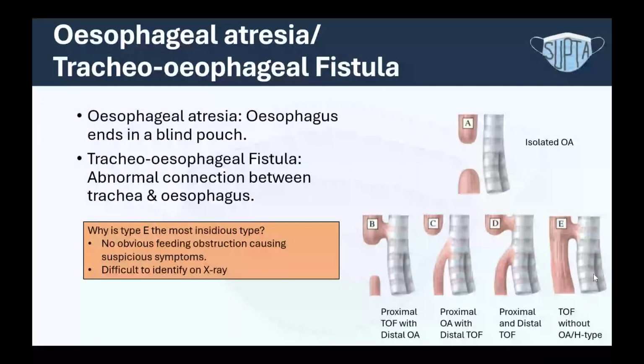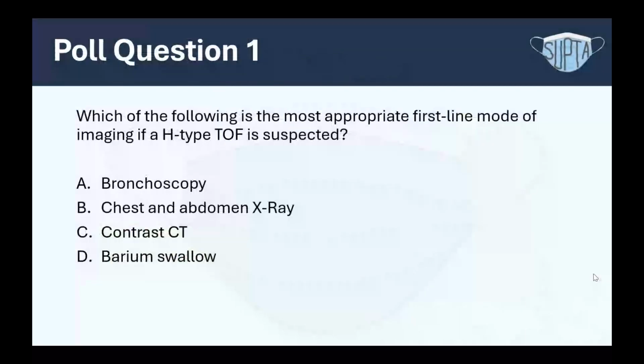But if an X-ray is not suitable for a type E fistula, what would be the most appropriate first-line mode of imaging if an H-type fistula is suspected? Connor, could I ask you to release the buzzer, please? You're going to have 4 options over here. We have A, bronchoscopy, B, a chest and abdomen X-ray, C, a contrast CT, and D, a barium swallow. I'll give you all a minute to think of your answer. All of these responses are anonymous, so please do answer the question for me.